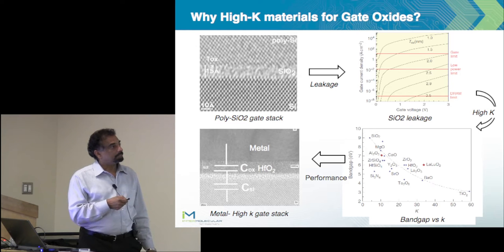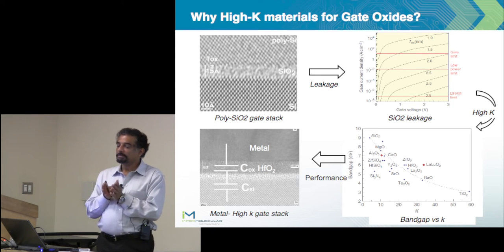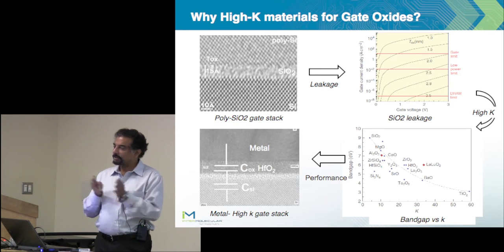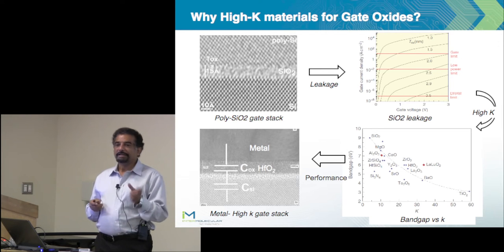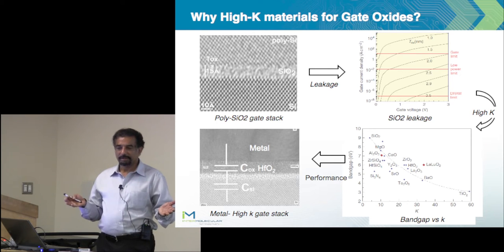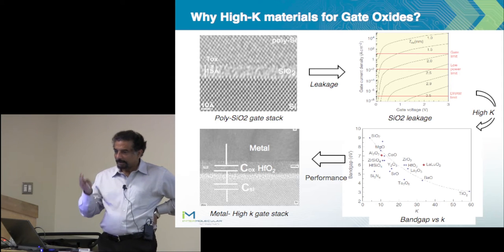The key issue is that because they're tunneling, the leakage is determined by physical thickness. So you say, okay, if I want to reduce the leakage, I need an insulator with a minimum thickness, say about 20, 30 angstroms. That way I can keep the direct tunneling down.